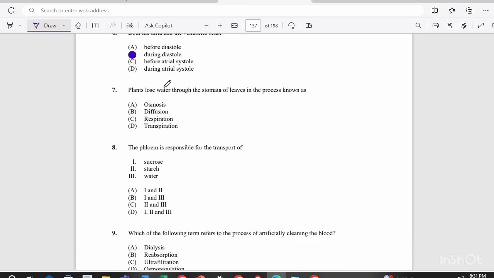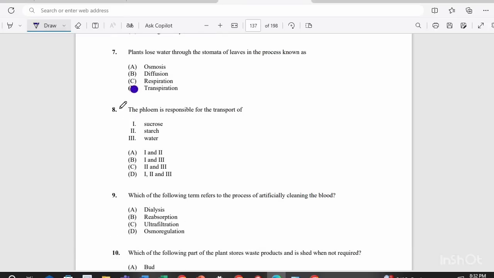Question 7. Plants lose water through their stomata of leaves in the process known as A, osmosis, B, diffusion, C, respiration, or D, transpiration? The answer there is D, transpiration. Question 8. The phloem is responsible for the transport of sucrose, starch, water.